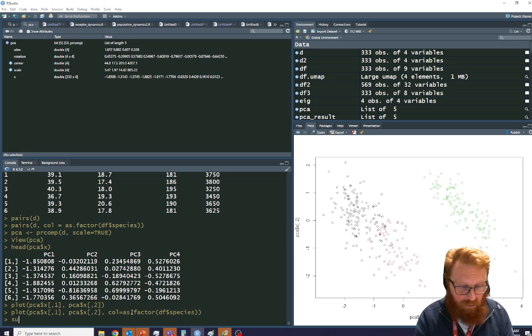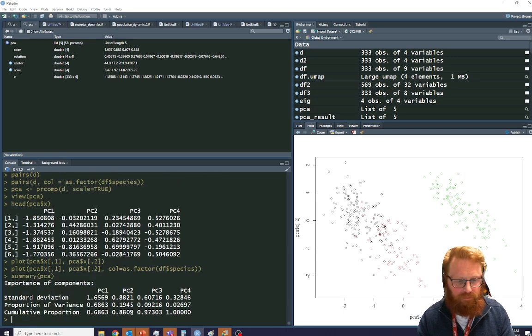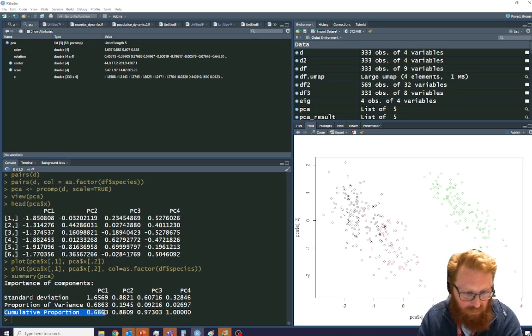Now what we can do is a summary on our PCA object, and it tells us how much variance is explained, this cumulative proportion. If you look at just PC1, you can explain 68% of the variation. If you look at PC1 and PC2, you explain 88% of the variation.